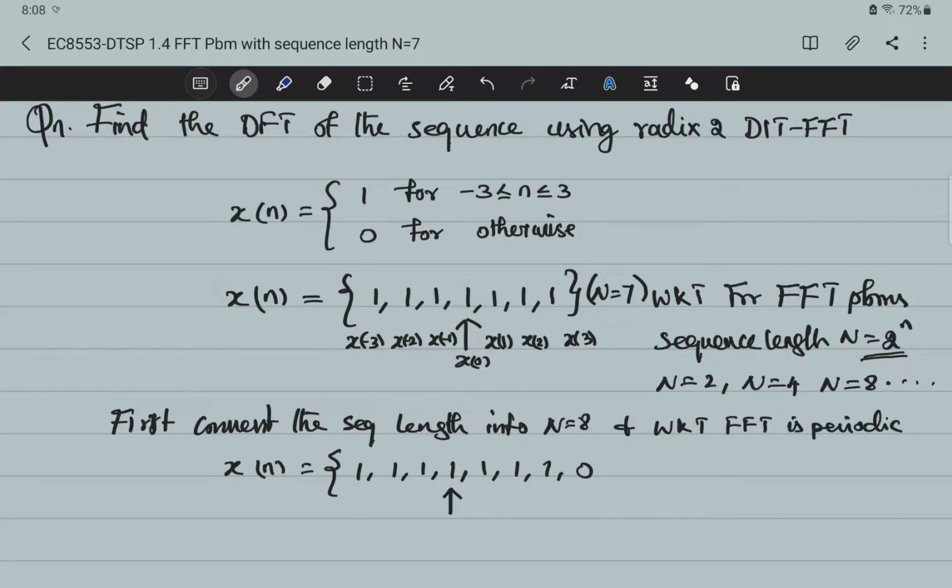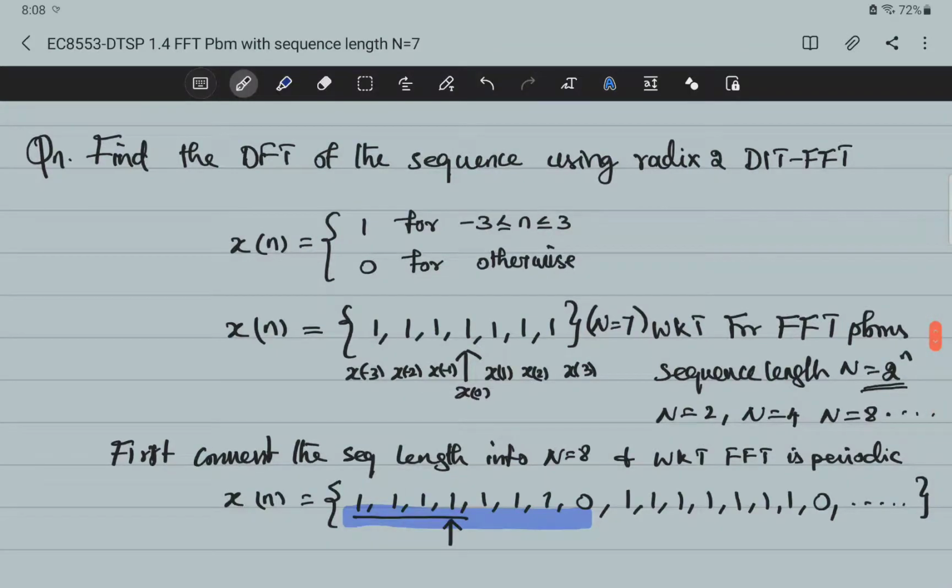So by applying the periodic property, I am going to repeat the same sequence again. So the same sequence again means it is 1, 1, 1, 1, 1, 1, 1, 0, etc. So this is by periodic property.